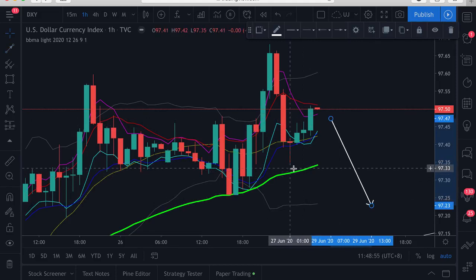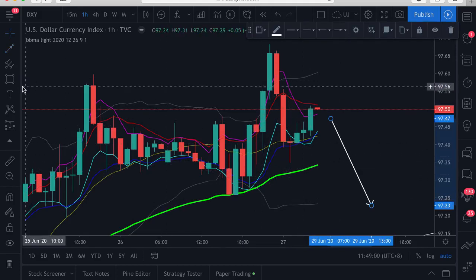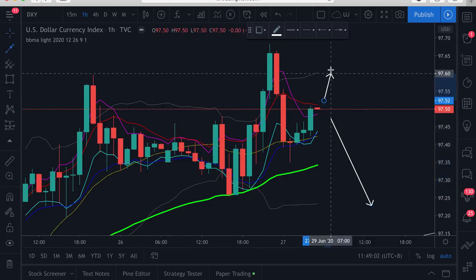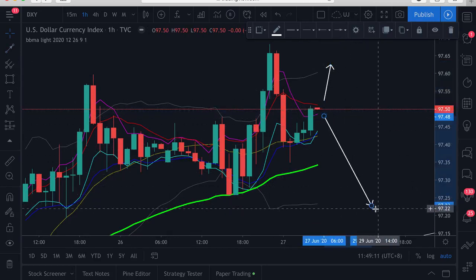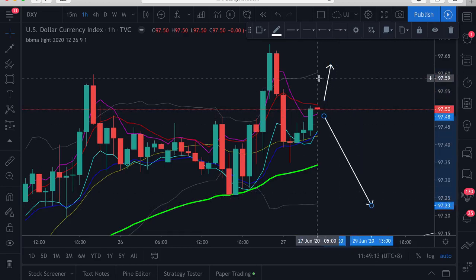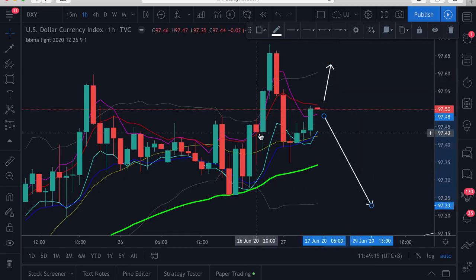So DXY for this week, we expect it to continue weak, or if we see the CSM here, mainly it's going to continue strong. So this is a juncture for us, and the way to determine if the currency is going to be strong or weak is if we make a CSM on H1.